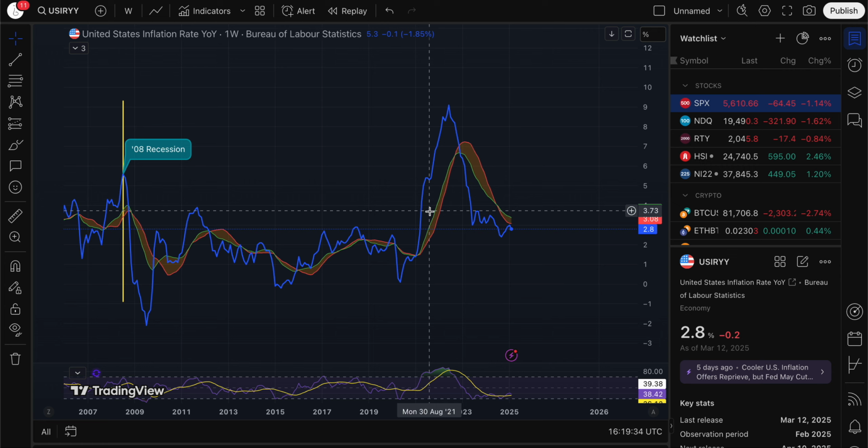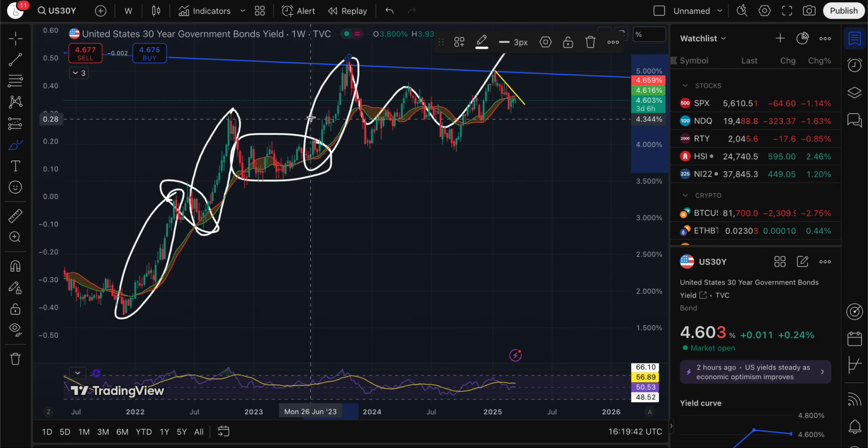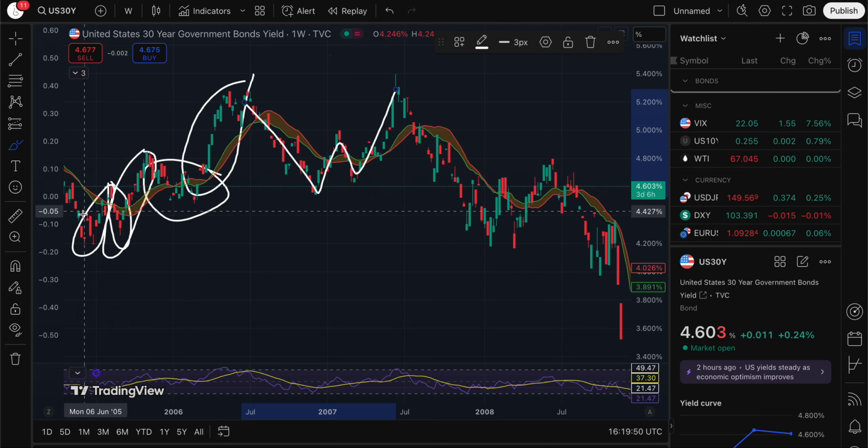That is the first real big parallel I can find that adds weight to the comparison between the move that we saw in 2022 up until today and the move that we saw from 2005 up until the recession of 2008.